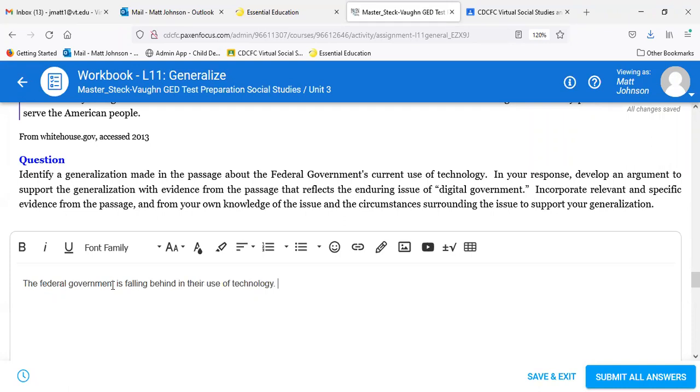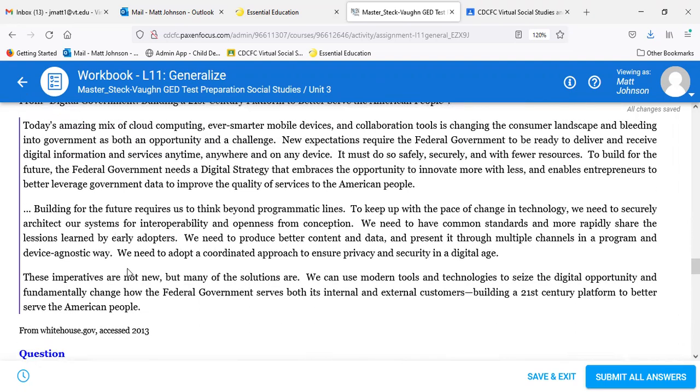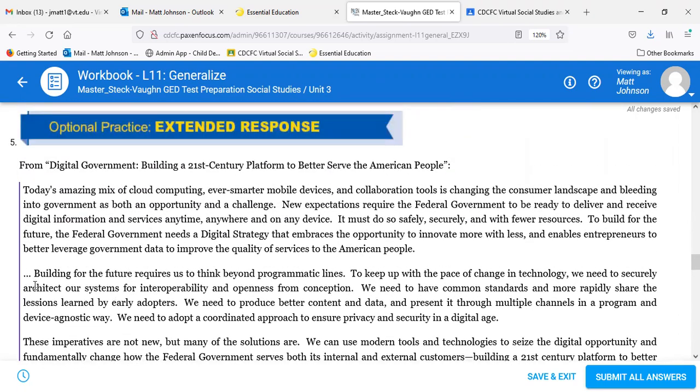So what we're seeing is, what's causing that? A lot of this comes from that second paragraph. So we want to look at that second paragraph and determine what it is that's causing the sort of issues in the federal government as far as adopting and using technology.